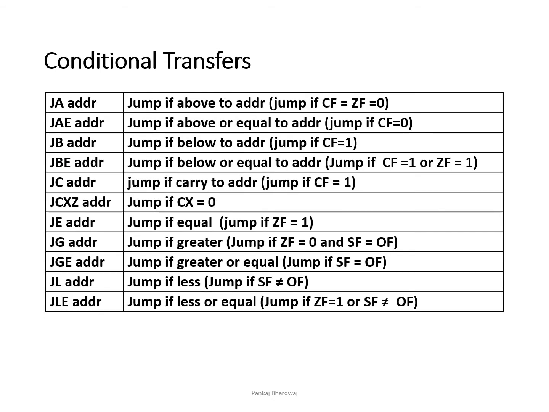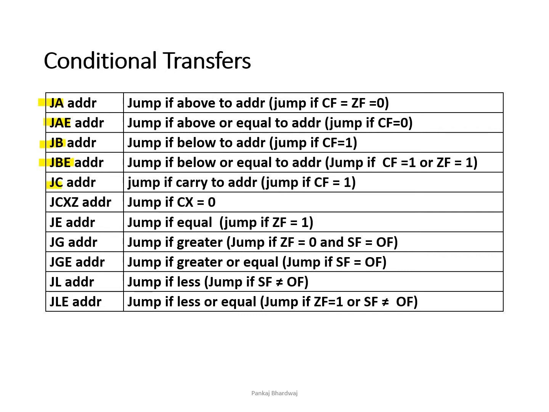Some conditional transfer instructions can be classified basically as the jump instructions. So we have JA, that is jump if above, JAE, that means jump if above or equal, JB, that means jump if below, and JBE, that means jump if below or equal.